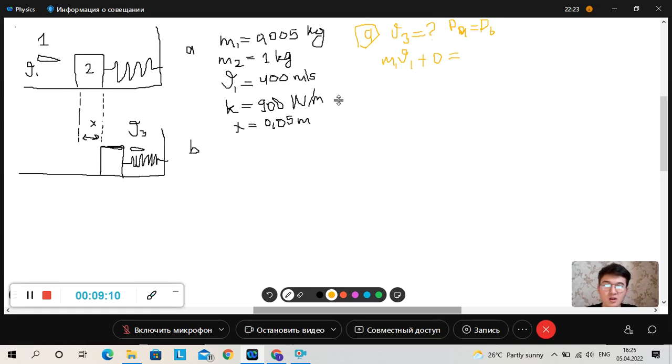In the second situation, the bullet moves to the right and the block moves to the right: m1 v3 plus m2 v4.